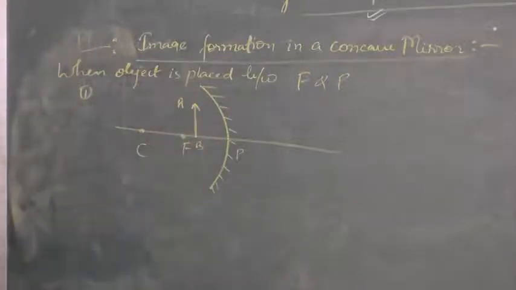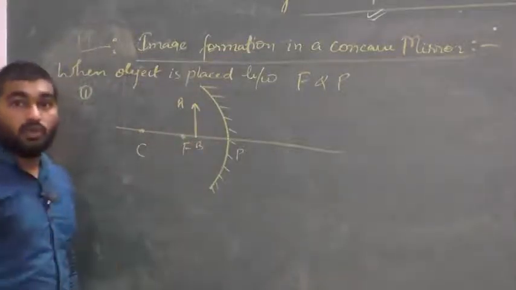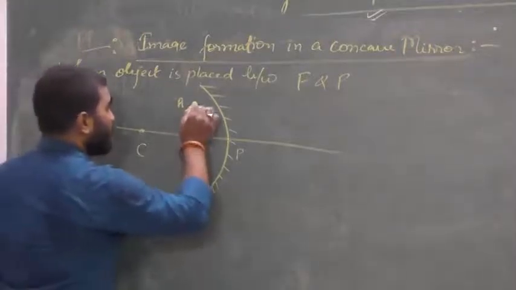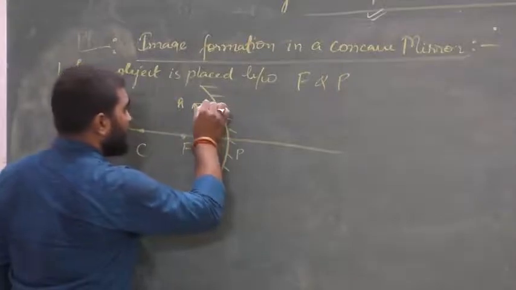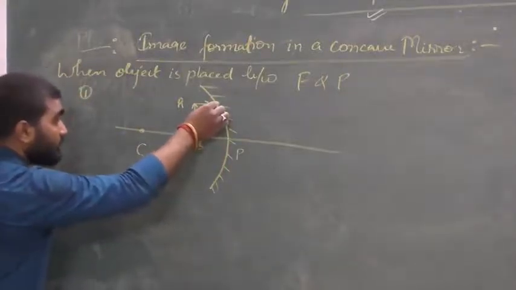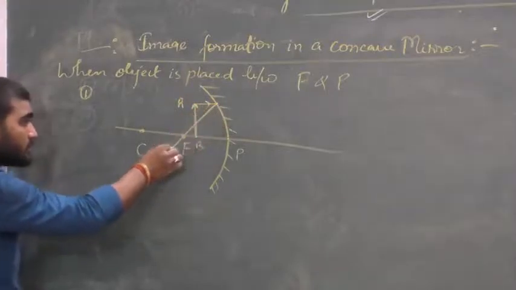Okay, so we will apply only 2 rules for image formation in it. From the first rule, when the ray of light falls on a mirror parallel to the principal axis, then it will reflect through the focus.